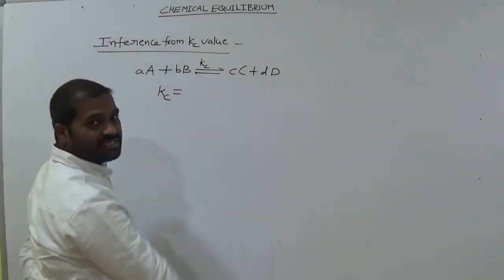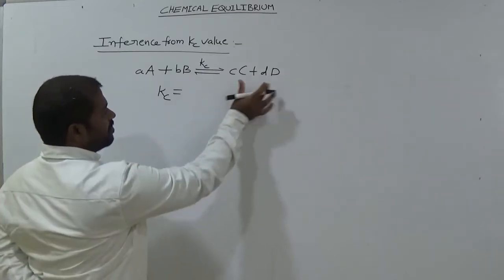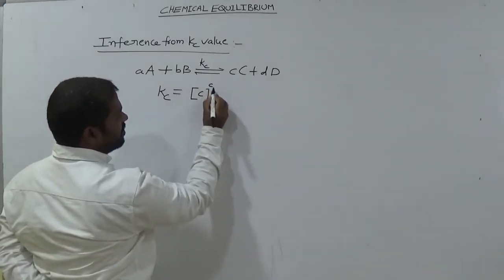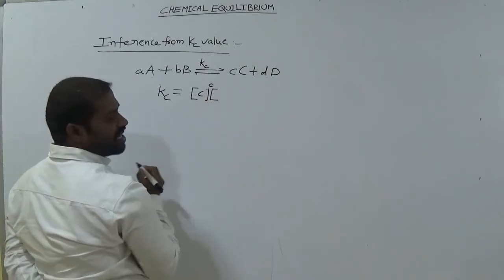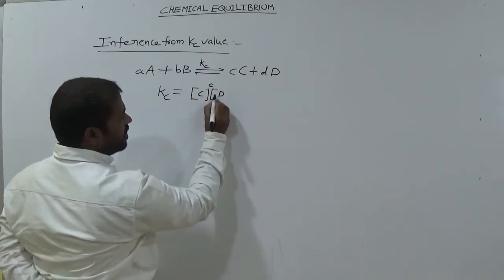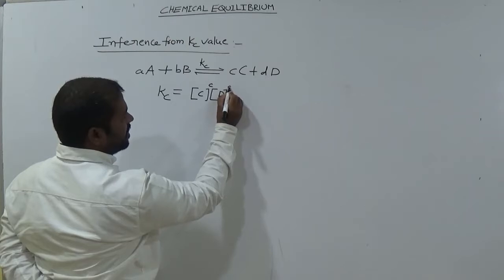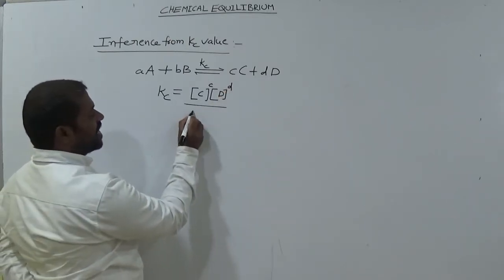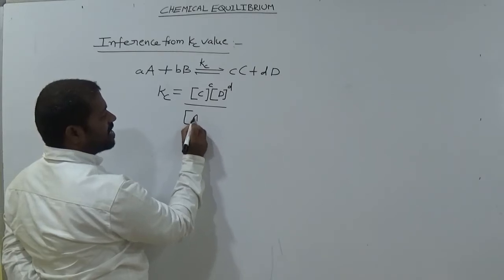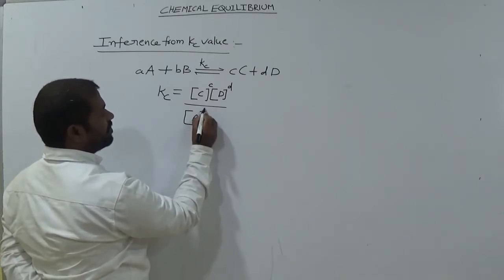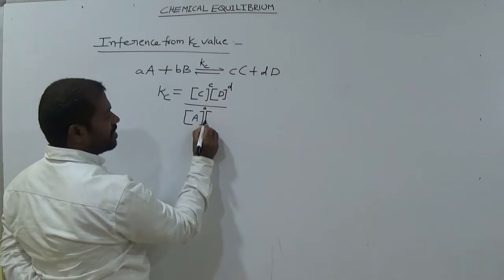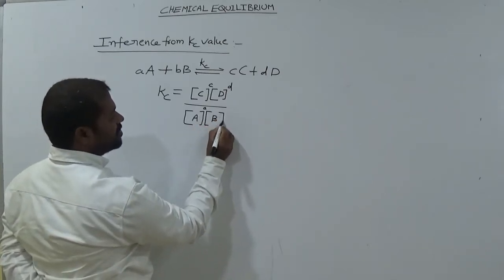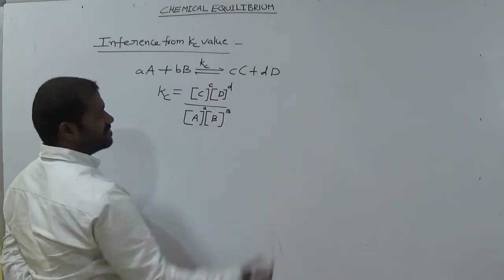Kc is equal to the molar concentration of products, that is molar concentration of C to the power c, molar concentration of D to the power d, divided by the molar concentration of reactants, that is molar concentration of A to the power a, molar concentration of B to the power b.